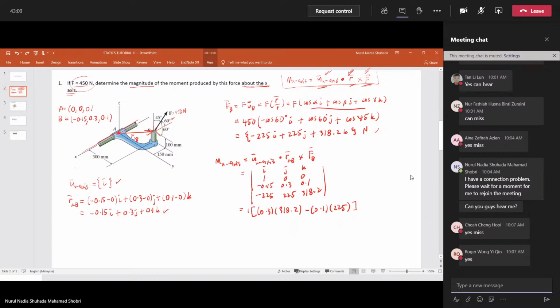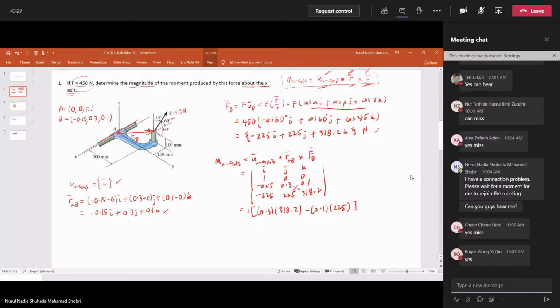We have to multiply for the i part. So it's basically 0.3 times 318.2, and then you minus 0.1 times 225. Okay, so this is the correct way.